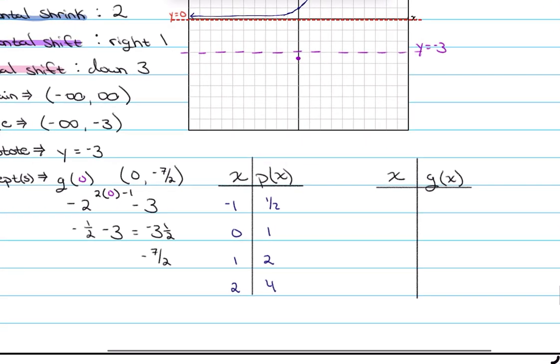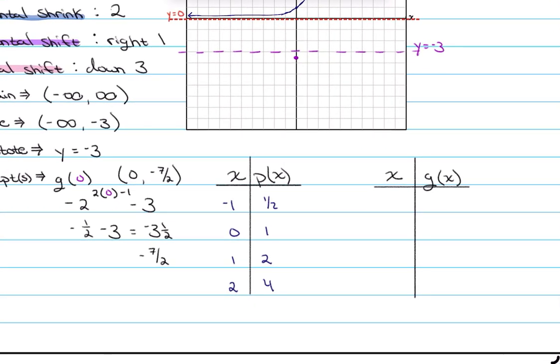So we are going to take this negative 1. We are going to add 1 to it, and then we are going to divide by 2. So that means we are at negative 1 plus 1 divided by 2.